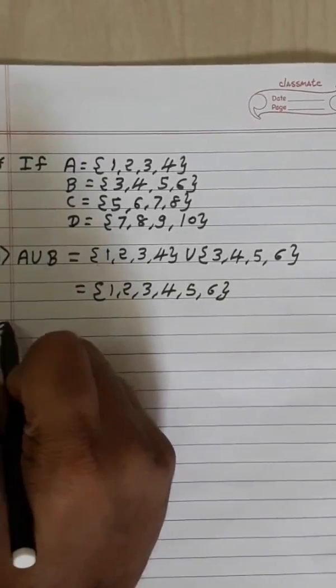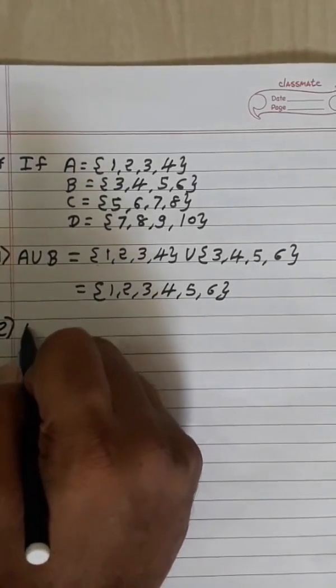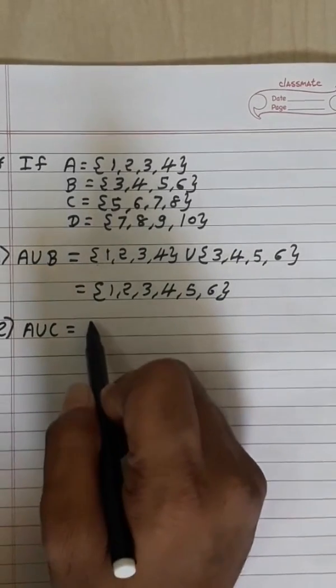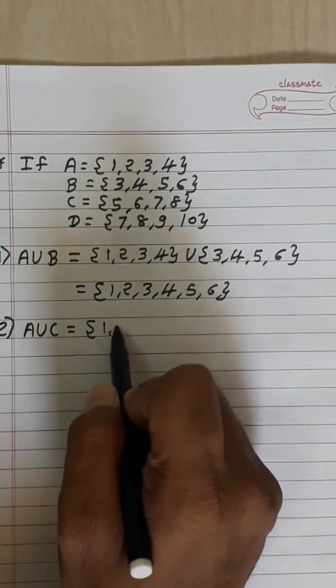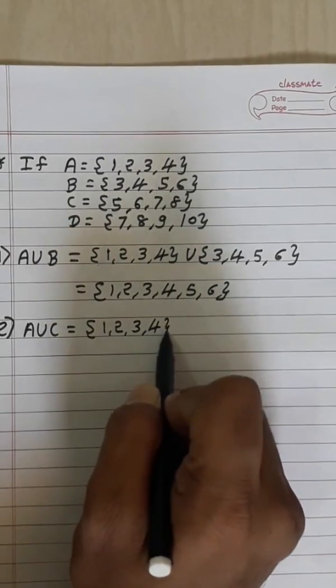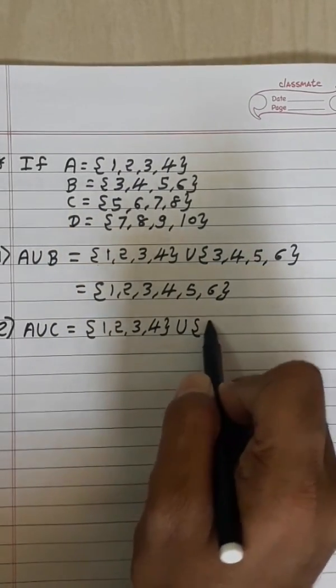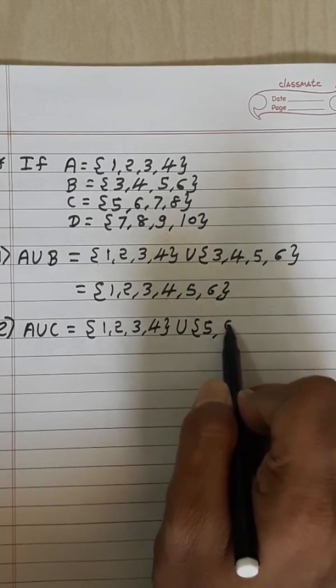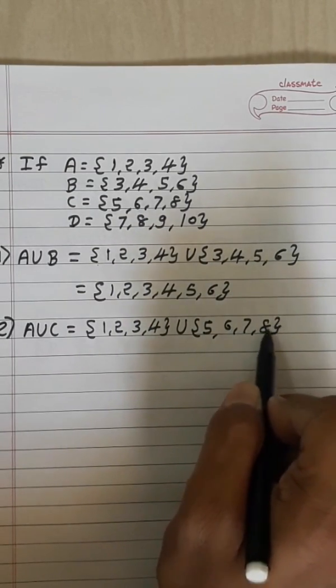Now the second condition, A union C. A union C means all the elements of set A, that means 1, 2, 3, 4, union all the elements of set C, that means 5, 6, 7, 8.